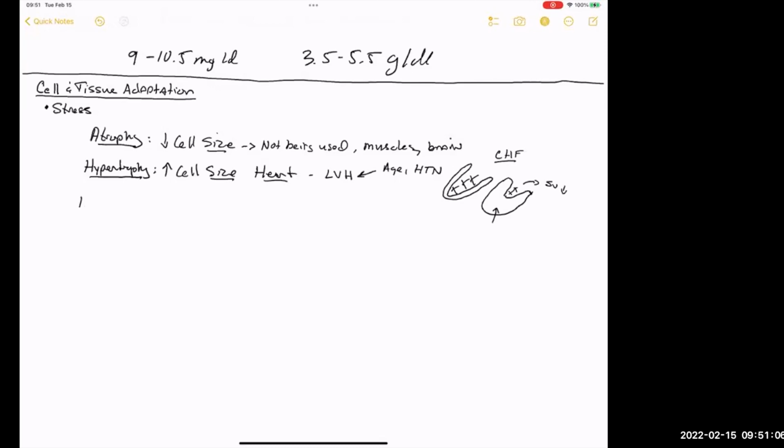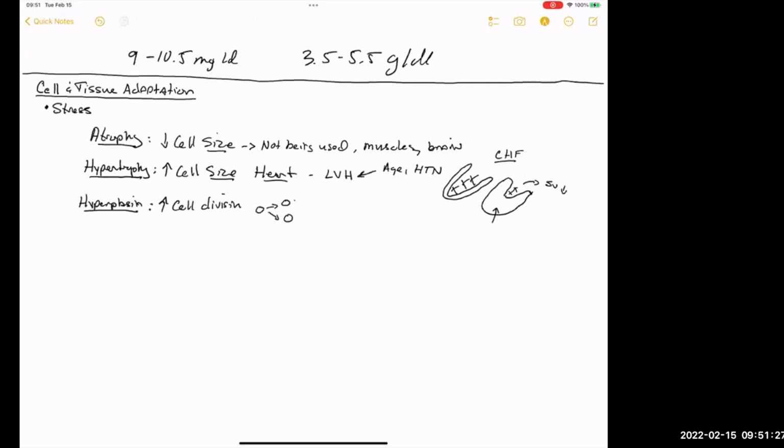Another one that can happen is hyperplasia. Hyperplasia is where you have increase in cell division. So that is to say that cells are dividing, right?